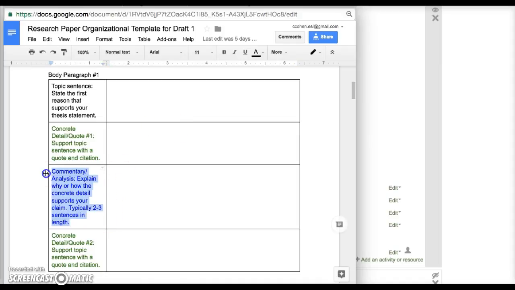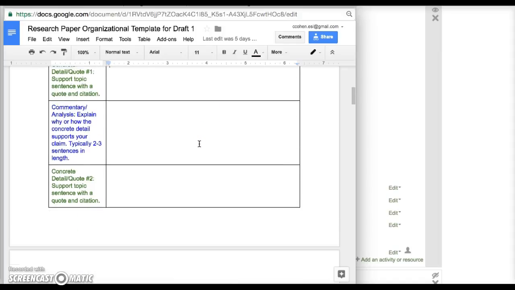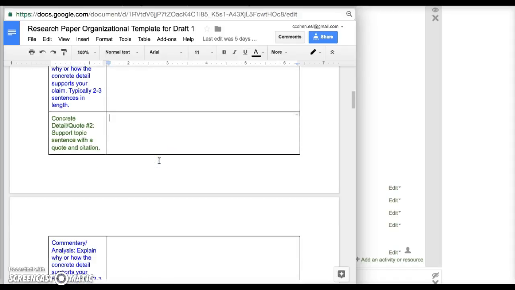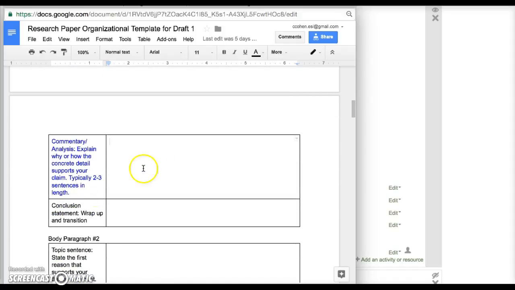You've got your commentary, which will explain in 1 to 3 sentences how your evidence connects to the thesis or why it's important. And then you go back to evidence again, you go back to your commentary, and you've got a concluding statement which will wrap up the subtopic, the body paragraph, and then transition.